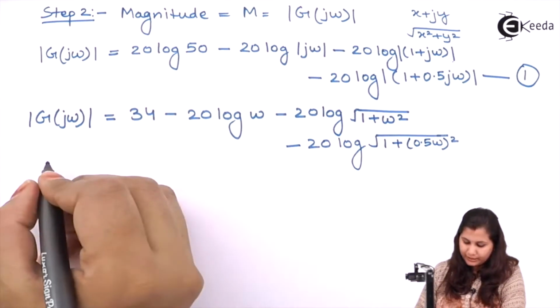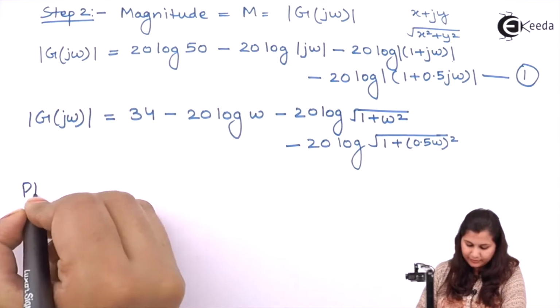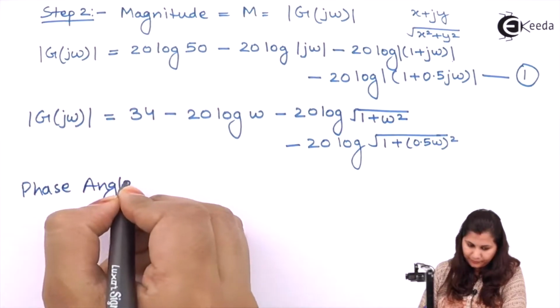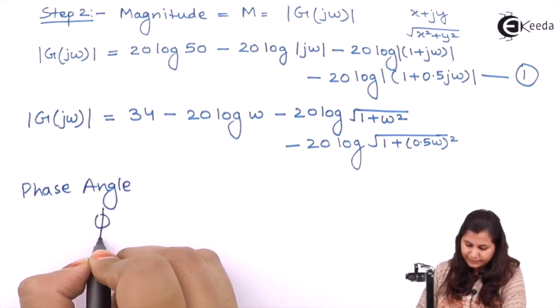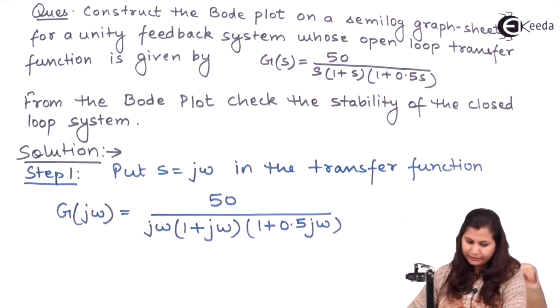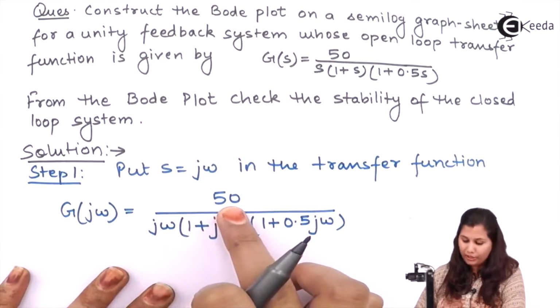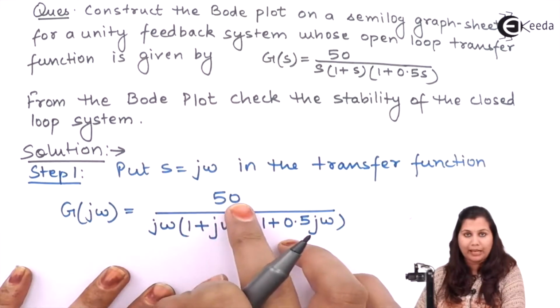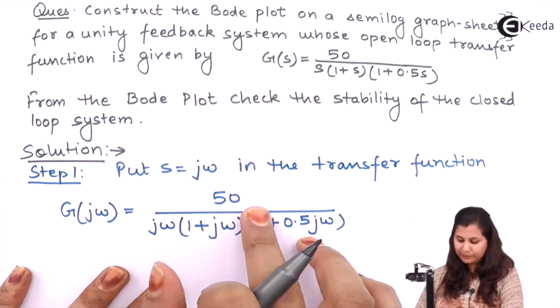Now taking the phase angle. Phase angle is represented by phi. So phi will be tan inverse of 0 upon 50, because here we have no imaginary term, only the real part is present.